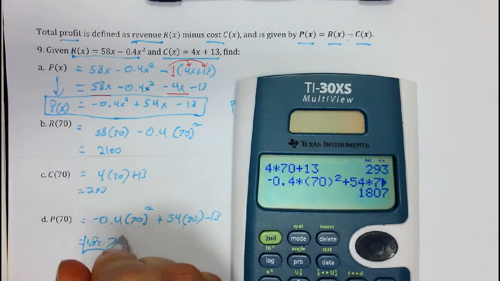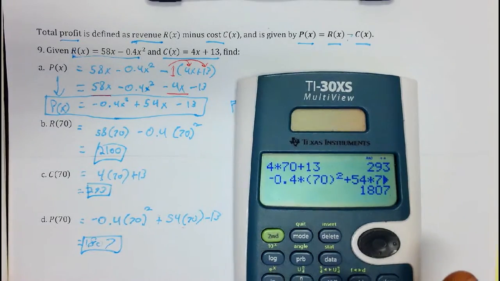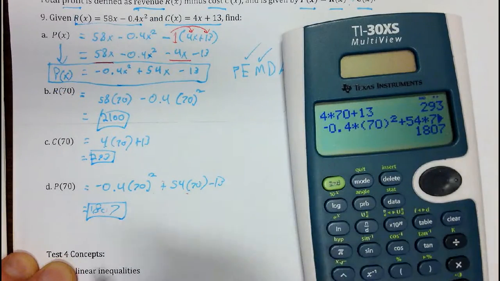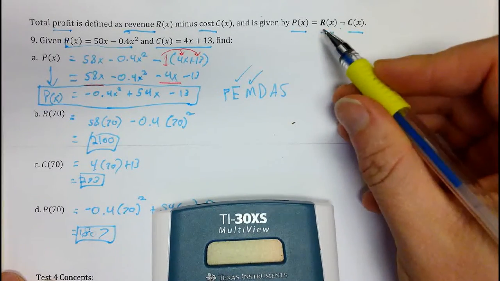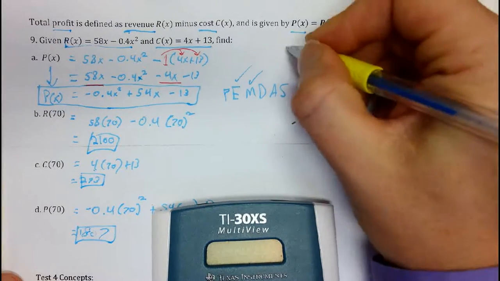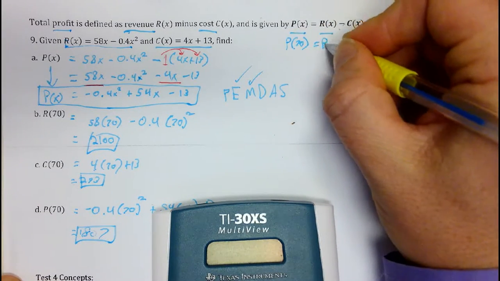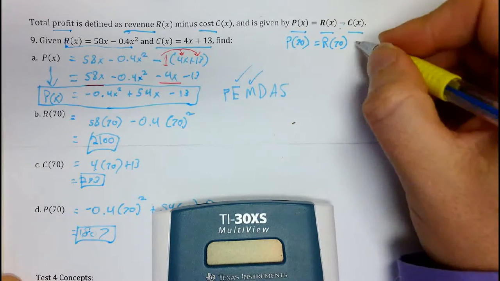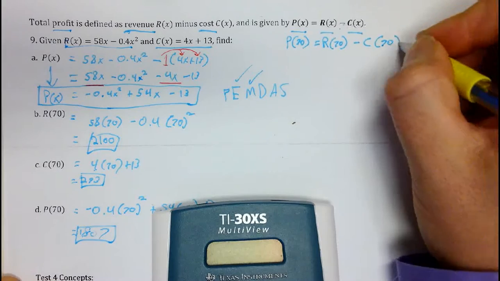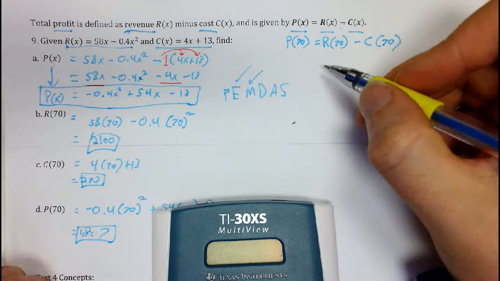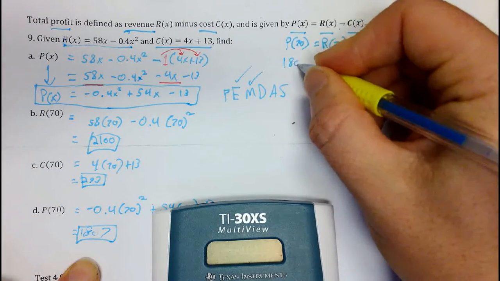So I've got all these values. I found all the values they asked for. I want to do a quick check just for funsies. Since our profit function is our revenue function minus our cost function, this should hold true for any value that I plug in. So if I'm plugging in 70 for each of these, I should still get a nice balanced equation here. For P of 70, I got 1807.